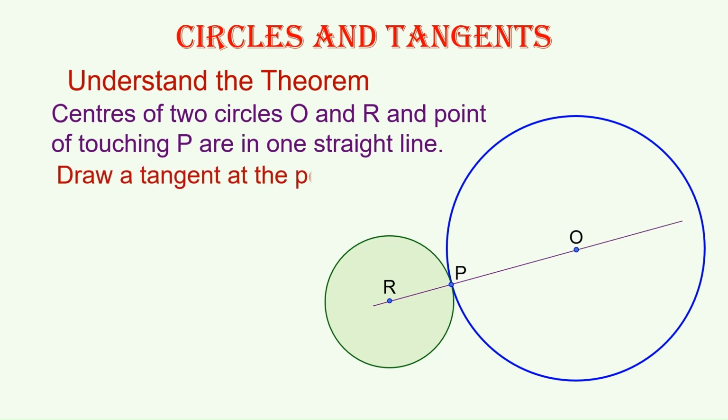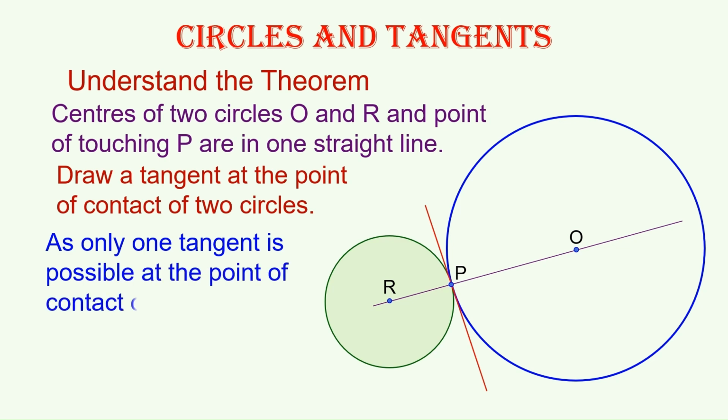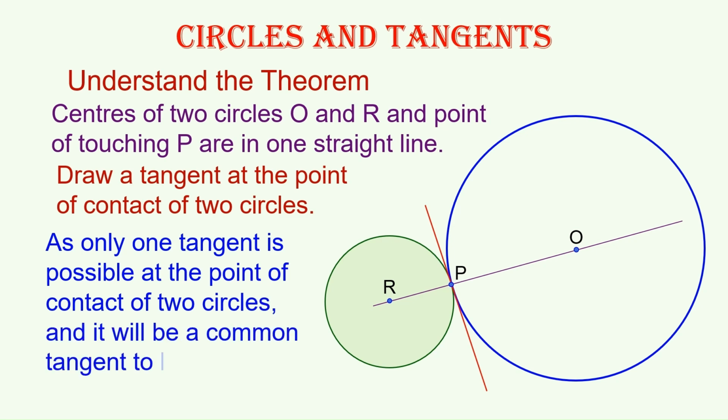Draw a tangent at the point of contact of the two circles. As only one tangent is possible at the point of contact of the two circles, it will be a common tangent to both the circles.